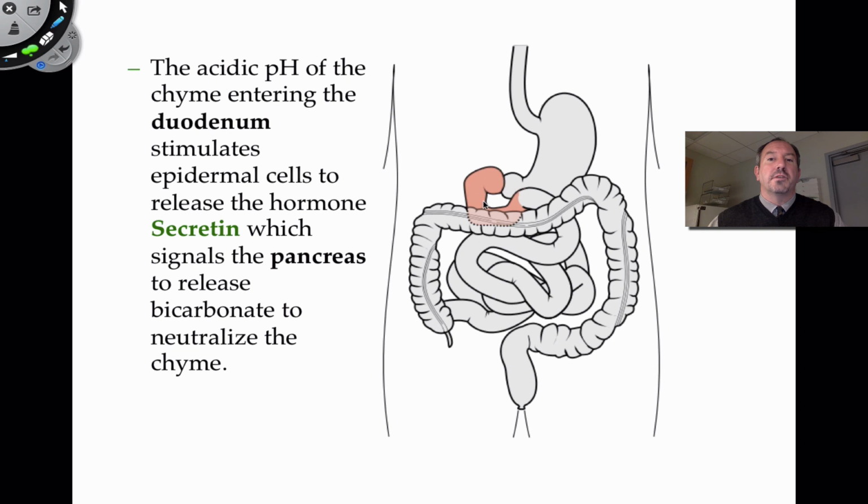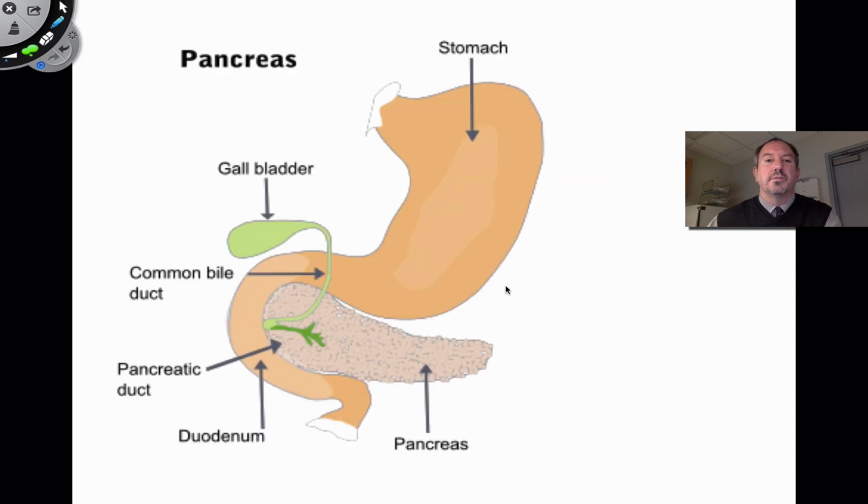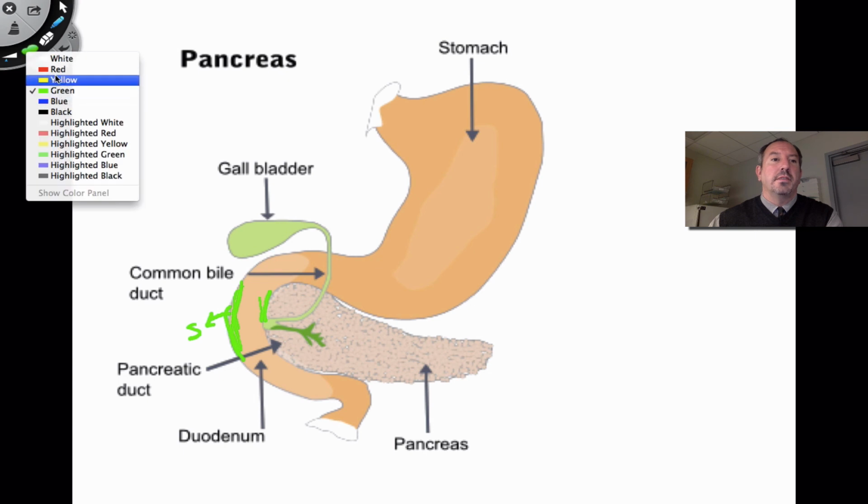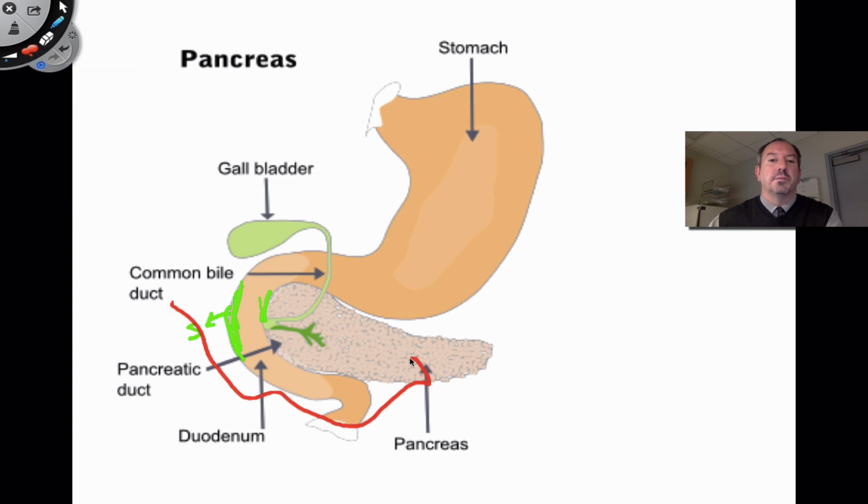So it turns it from an acidic environment to an alkaline environment very quickly. So that's kind of cool, and the hormone secretin does that. And so here's the pancreas. The pancreas starts secreting when the hormone secretin, which is produced by the cells of the duodenum, travels in the bloodstream to the pancreas, which causes it to start secreting.